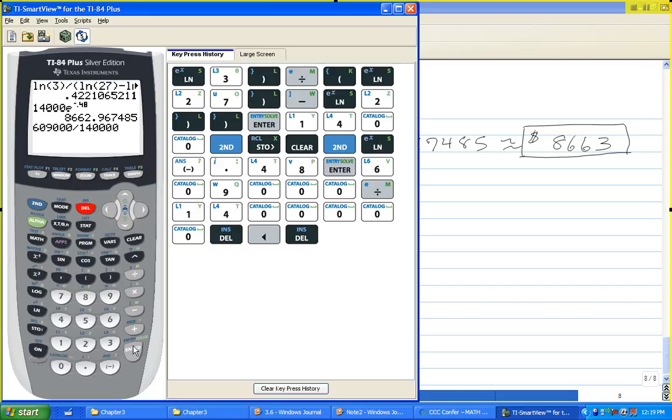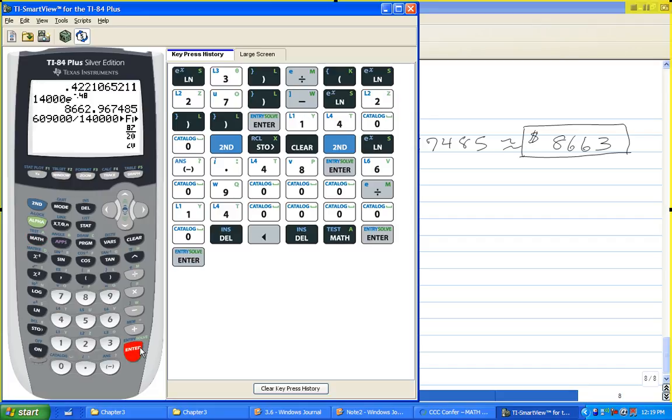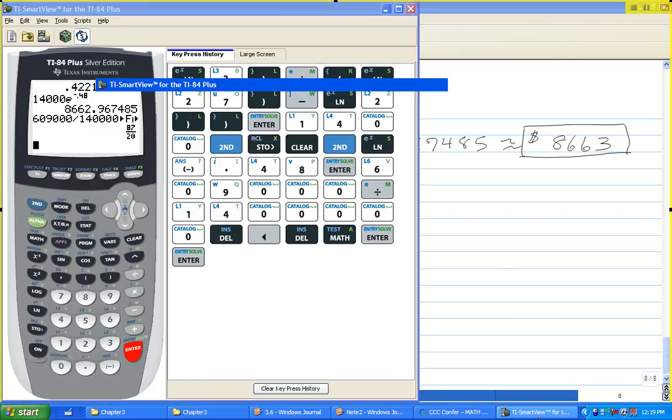Actually, I can divide that by 7. 609 is divisible by 7. Okay, I can actually reduce that.